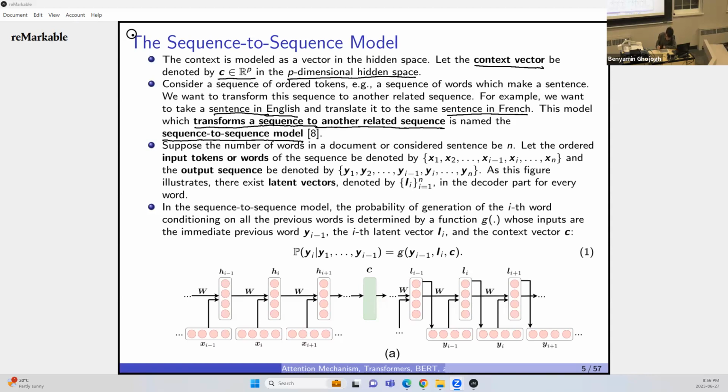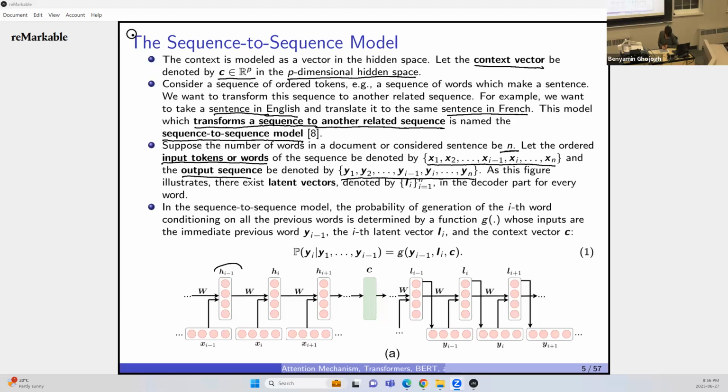Suppose the number of words in a document is n. We have n words. Let the ordered input tokens or words, by the way, in NLP they also call the words tokens, doesn't matter, the input tokens or words of the sequence be denoted by x1 until xn, okay? Then the output sequence will also be y1 to yn, okay? See this figure, what do we have?